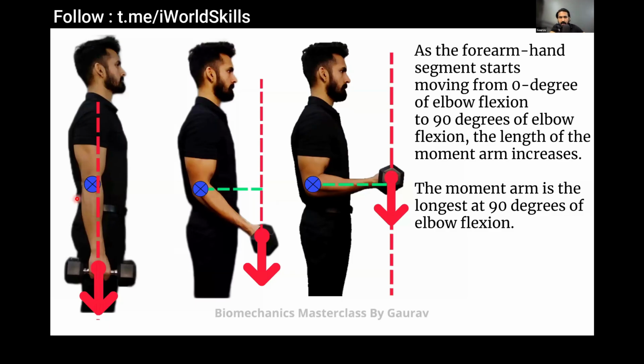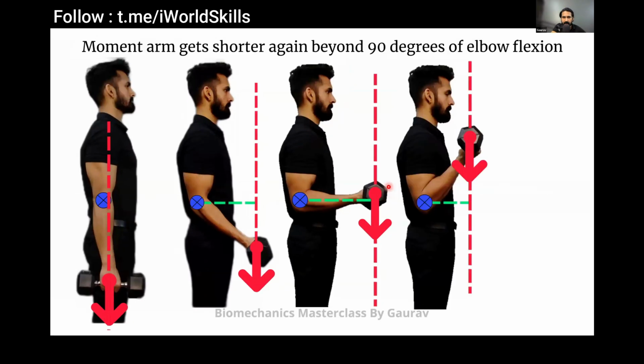So there is no moment arm in the starting position. After the starting position, as soon as you start flexing the elbow, the moment arm just keeps getting longer until 90 degrees of elbow flexion. And when you flex your elbow beyond 90 degrees, this moment arm becomes shorter again.